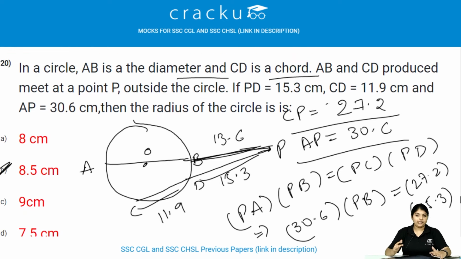So, I'll explain it again. This is the circle, AB is the diameter, CD is the chord. These both are extended to the point P, and it is given that PD is equal to 15.3 and CD is equal to 11.9. It is also given that AP is equal to 30.6.